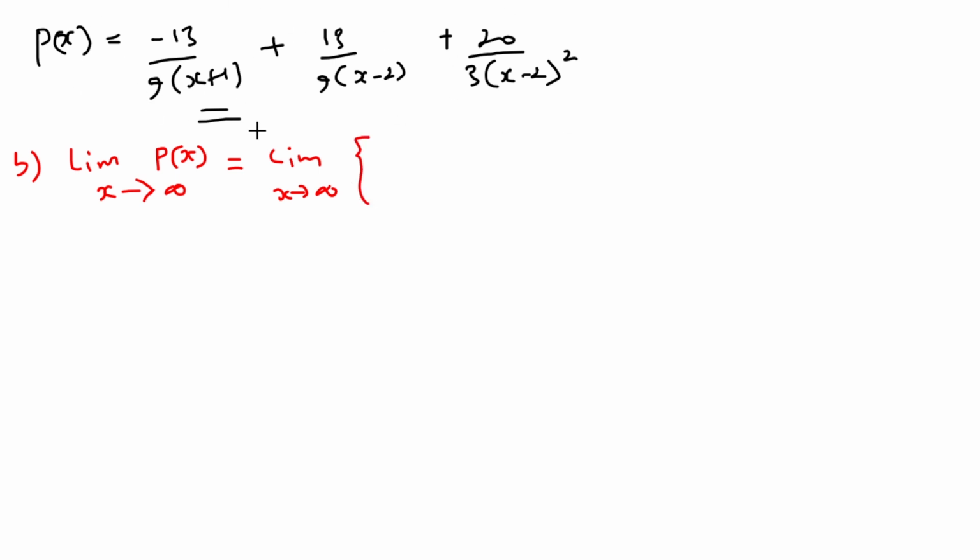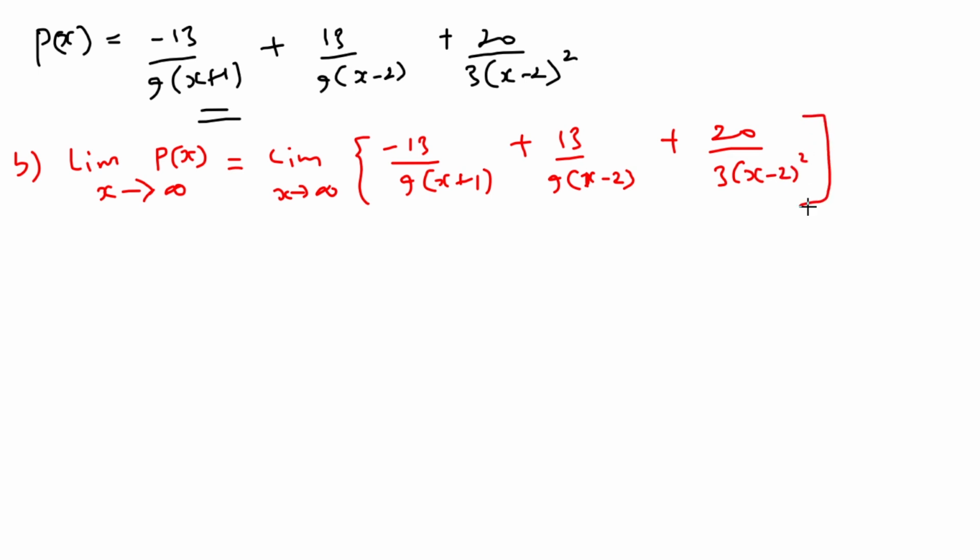So we use this, we don't use the other expression, the one before decomposition. So this is -13 over 9 over x plus 1, plus 13 over 9 into x minus 2, plus 20 over 3 into x minus 2 squared. So why do we use this?